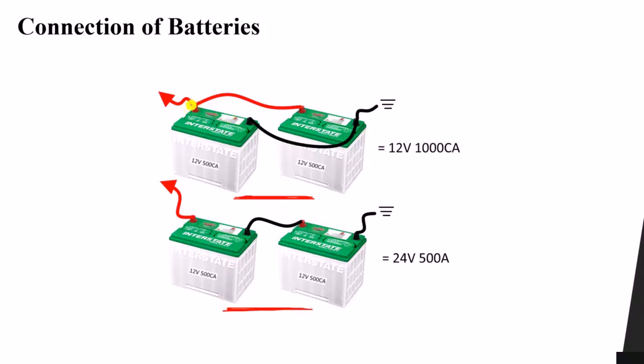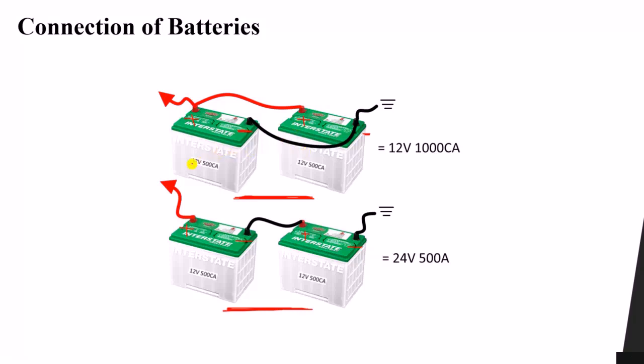You can see the red terminal is the positive, and the black terminal is the negative, or connected to the ground, and we have here positive, negative, positive, negative. As you can see, the first batteries are connected in parallel because negative is connected with negative and positive with positive.